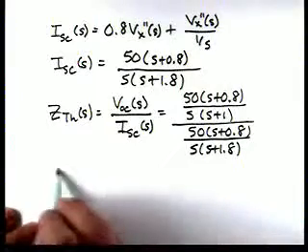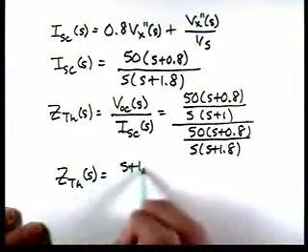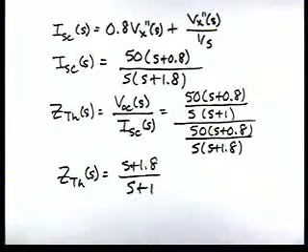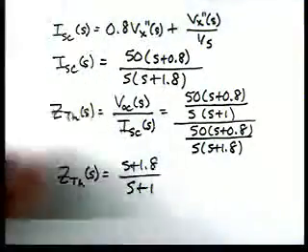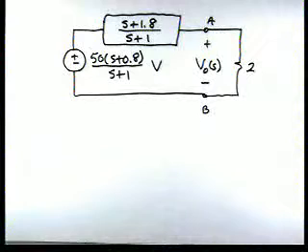So then Z Thevenin becomes S plus 1.8 over S plus 1. So now we've completed calculating the Thevenin equivalent. Now we're going to reconnect our 2 ohm load to the Thevenin equivalent.